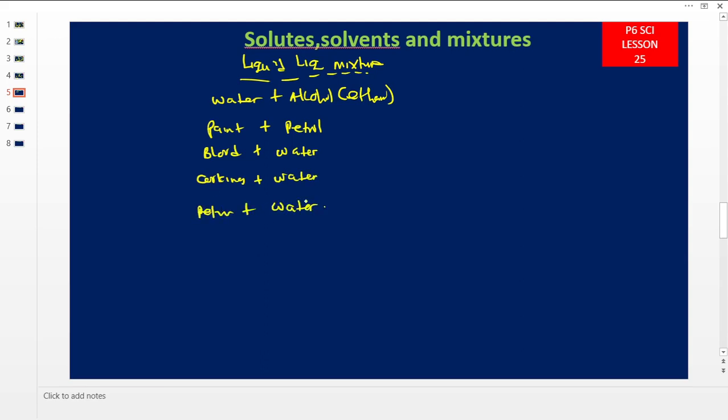Now my dear learner, what are you not seeing? There are two things we are not seeing here. One, we are going to form uniform mixtures, and again we are going to form non-uniform liquid mixtures.